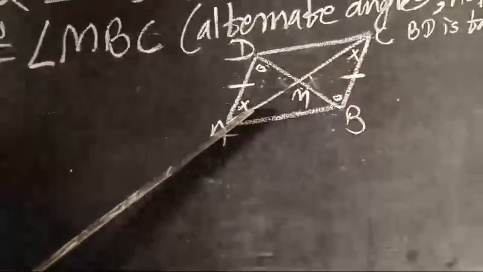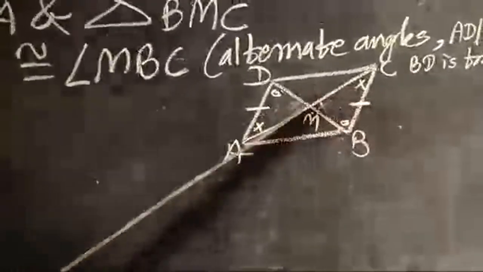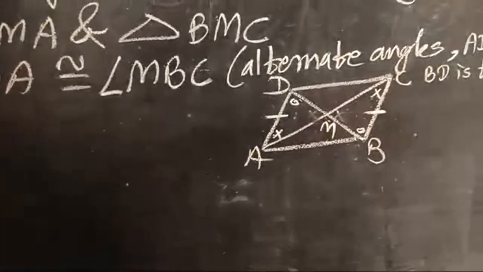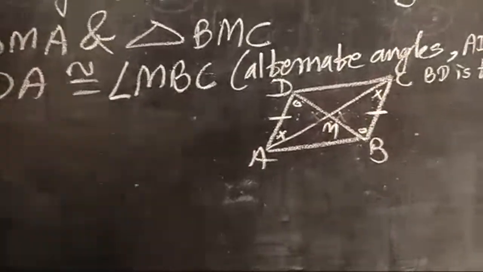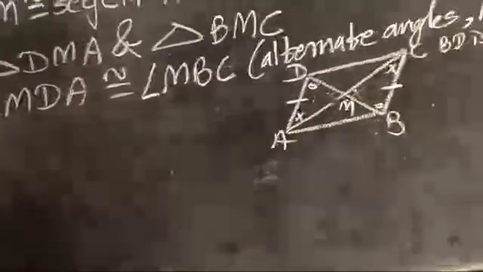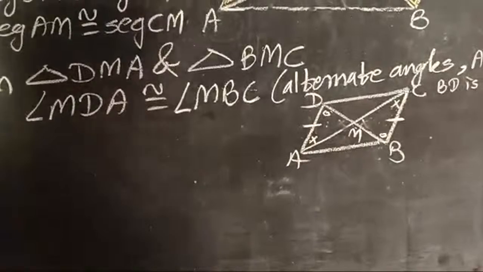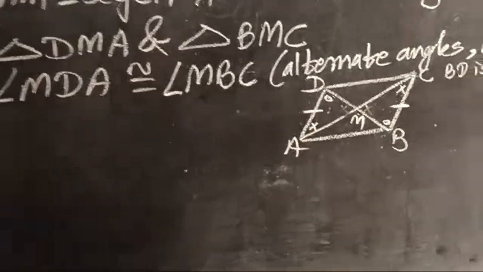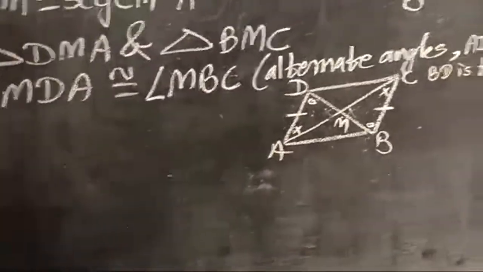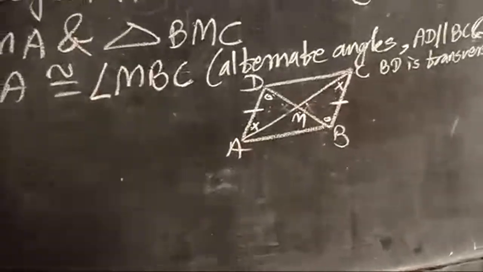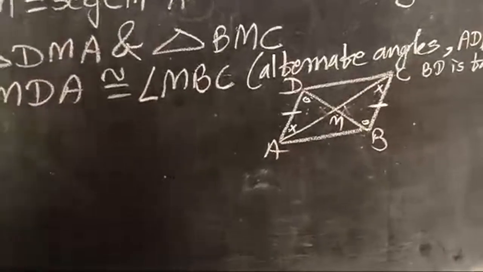Then we get that two triangles are congruent, and the reason is alternate angle. Wrong. Good.